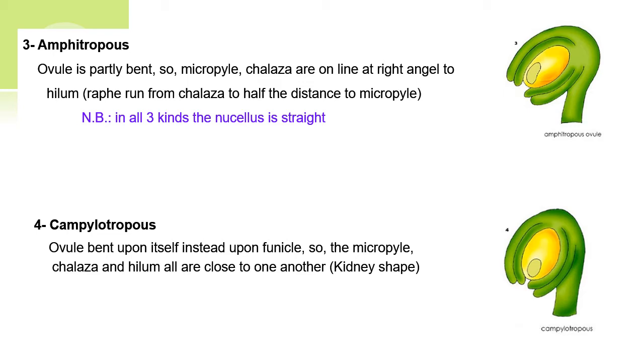Amphitropous, in which the ovule is partly bent on the funicle, so micropyle and chalaza are in one line at right angle to the hilum. It is partially bent with the funicle, so there is a small raphe, micropyle, chalaza, and here is the hilum, a straight line perpendicular or at right angle with the hilum.